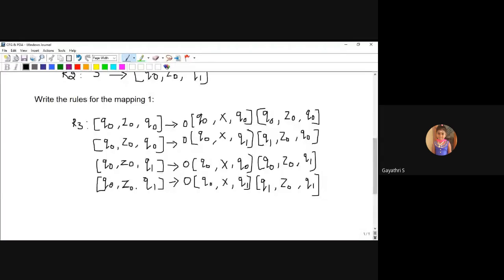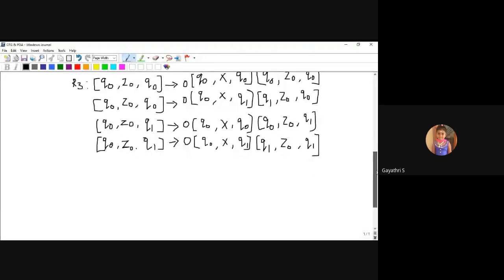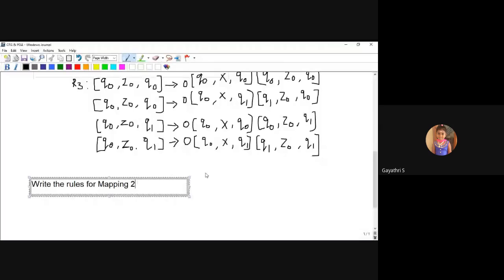So that is almost the rules for mapping 1, which is over. Next, write the rules for mapping 2. I have given the rule numbers before, rule number 4, rule number 5 and rule number 6.